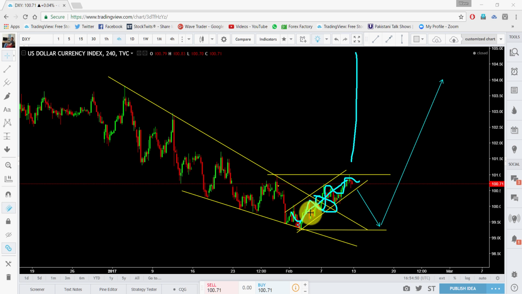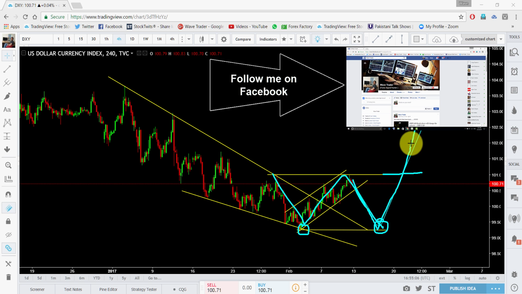It is not aggressive to the upside, so it is highly likely that price will fall back again, test the bottom, form this pattern, and then continue to the upside.